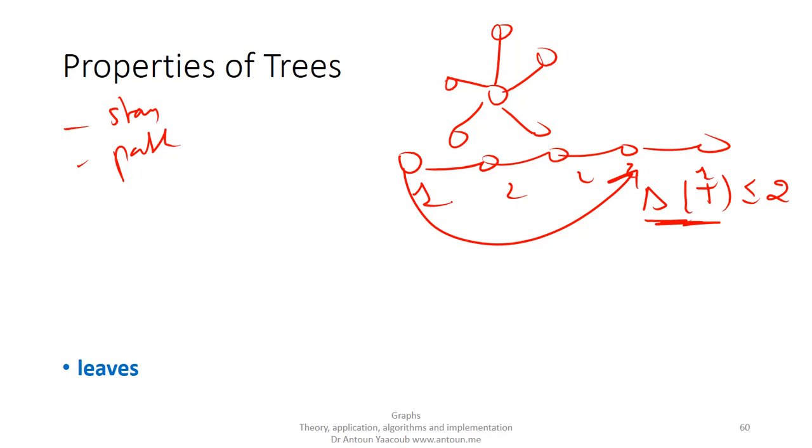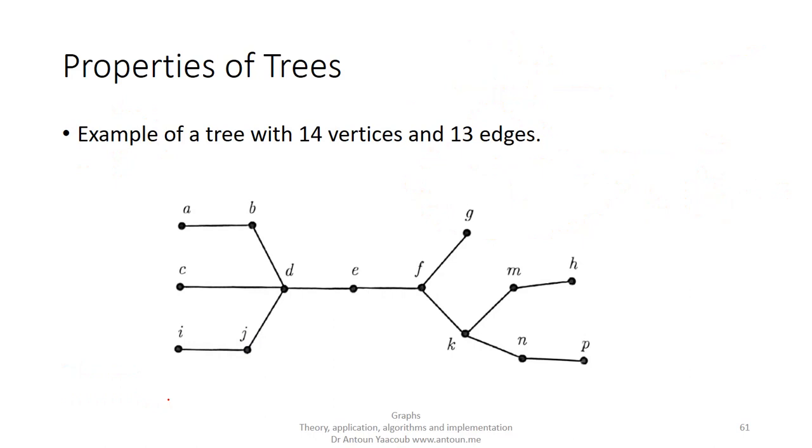Also the star K1,n is a tree, of order n plus 1, so the number of vertices is equal to n plus 1, and the degree of the central vertex is equal to n. We have also talked about leaves. Those are the end vertices of a tree. Whenever the degree is equal to 1, we call those vertices leaves. Here they give us an example of a tree with 14 vertices and 13 edges.